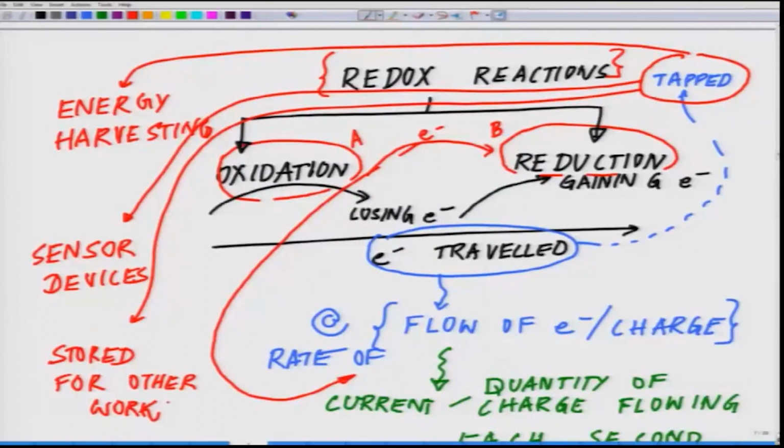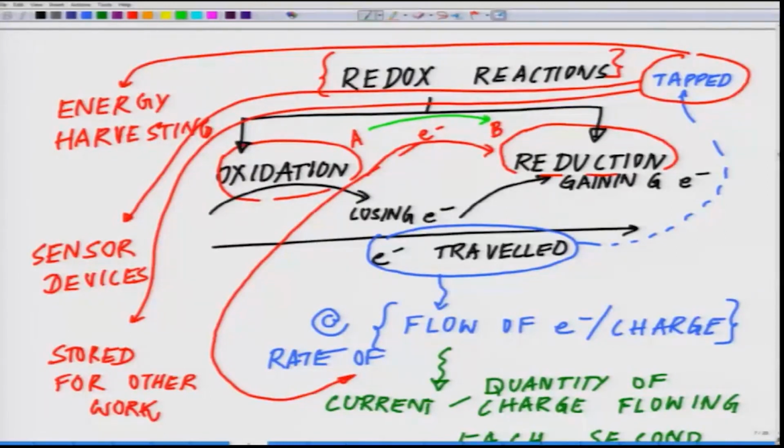Whether the electron will flow from A to B is the function, the work function, of the two species.